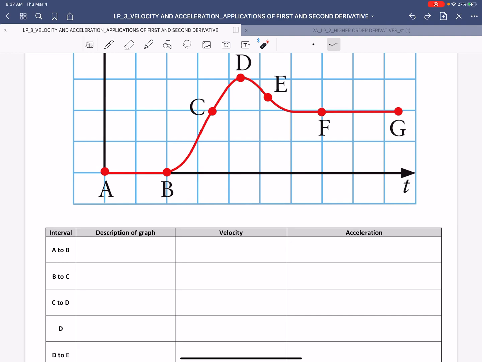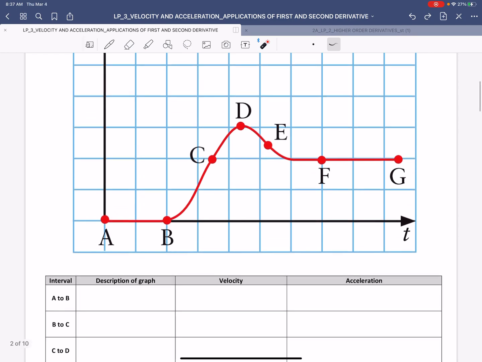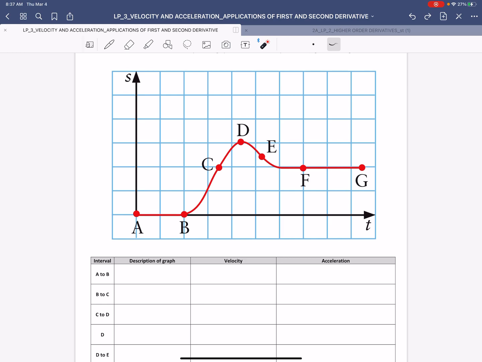So we're going to start from point A to B. From point A to B, as you can see, the position at any point will be 0. Again, remember that this graph describes the relationship between position and time. So if the position is 0 at all times, it means that the object is not moving.